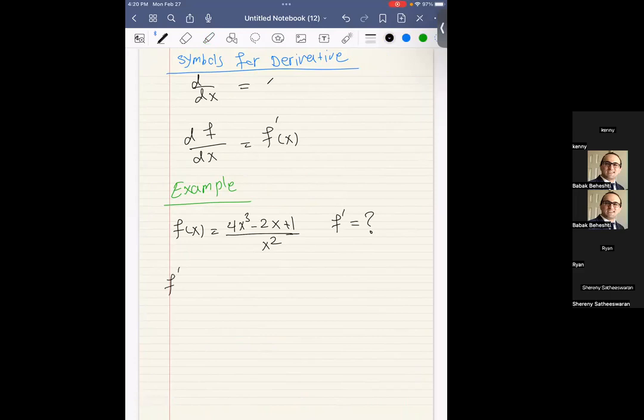So f prime of x is equal to, I just write the formula, the derivative of the numerator times the denominator minus the derivative of the denominator times the numerator, divided by the denominator squared, right?